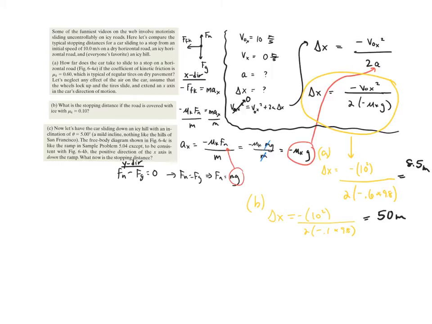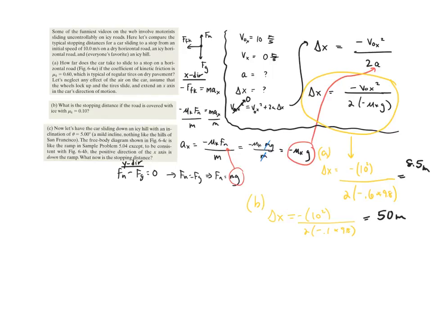But the minute you throw ice down, we're talking 6 times as far, because the coefficient goes down by a factor of 6. You all see how the math works? 0.6 to 0.1. So now I'm dividing by a number 6 times smaller, so my answer should be 6 times larger. These might not be exact, by the way. I forget what they were. I'm just pulling them out of my head from the text.